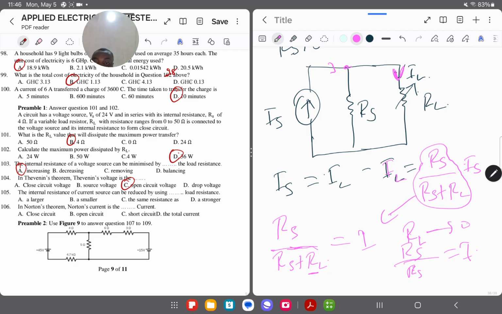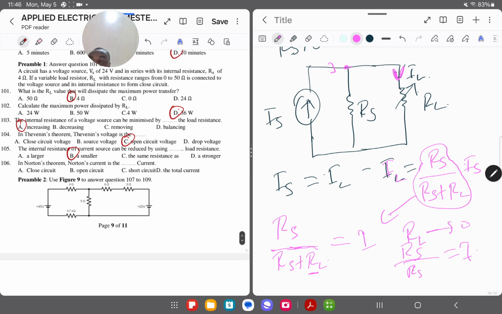No, a smaller load resistance. The same by using the same resistance as the load resistance. No, a stronger resistance. So the answer here becomes B. You choose a smaller resistance, that is almost small. It's smaller compared to the internal resistance of the source.